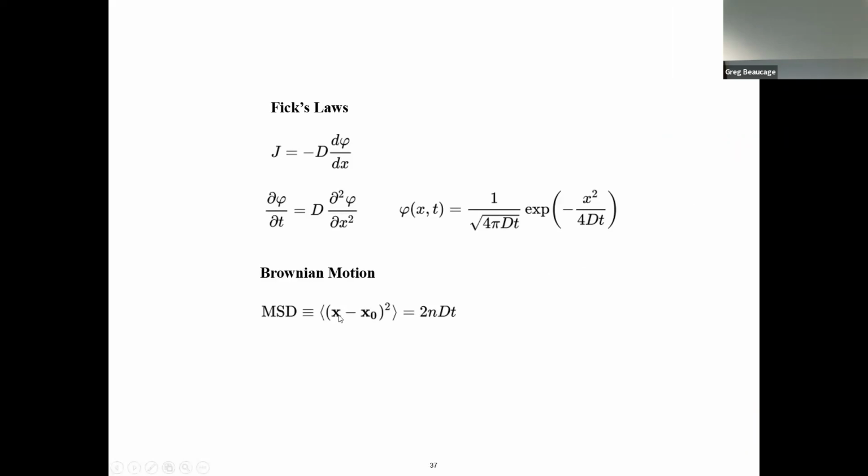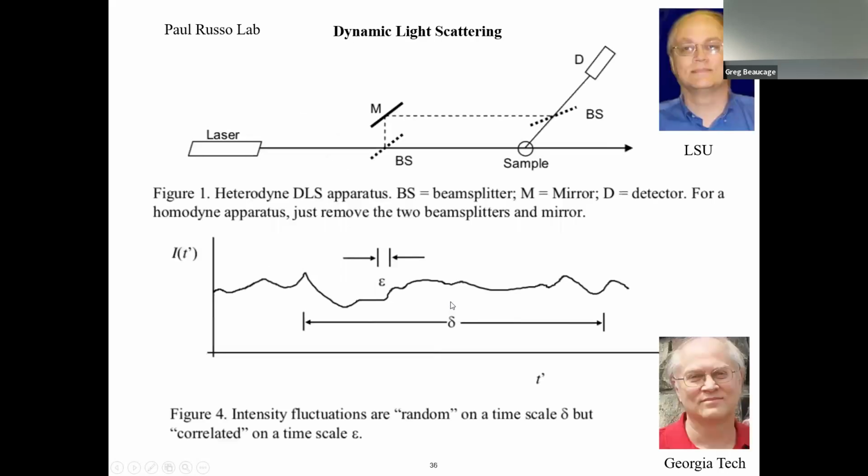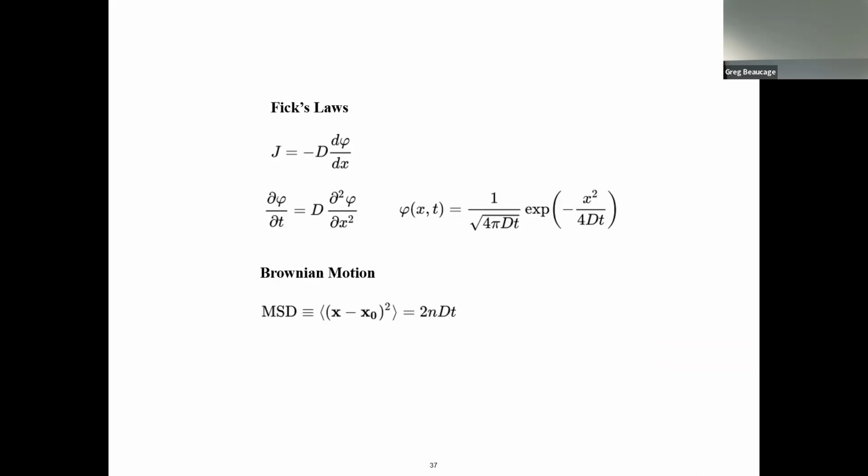if it's following Brownian motion, then the mean square displacement goes with 2 times the diffusion constant times time. The time is this tau, like the relaxation time for that decay, and the distance is going to be 1 over q, so 1 over q squared.